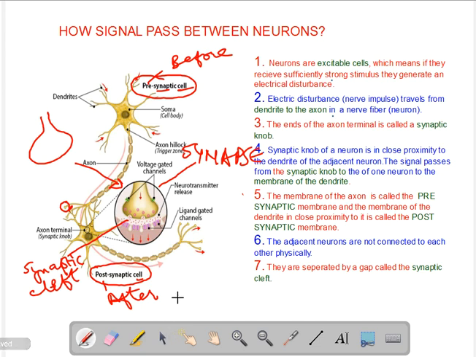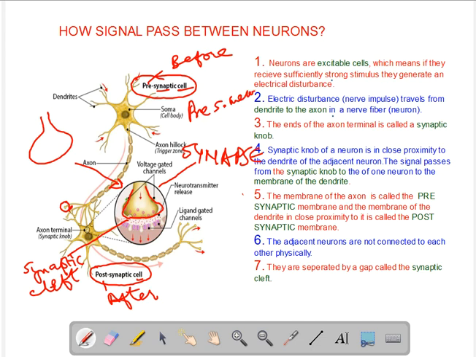Similarly, there are two more terms that we must understand. This particular membrane of the synaptic knob is called the presynaptic membrane, right? Because this membrane lies before the gap.